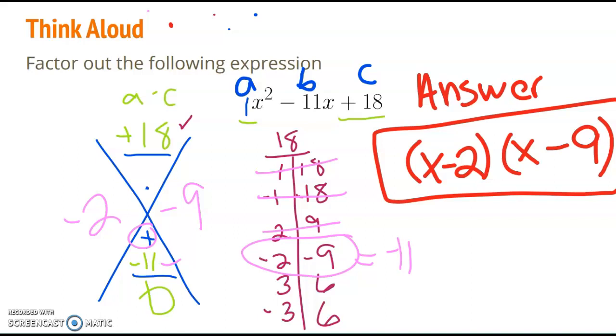When I set up my diamond method, I should have gotten a positive 18 on the top and a negative 11 on the bottom. I should have factored 18. You should have gotten the numbers negative 2 and negative 9, because both of those numbers, when added, give me a negative 11. So my answer should have been x minus 2 and x minus 9.